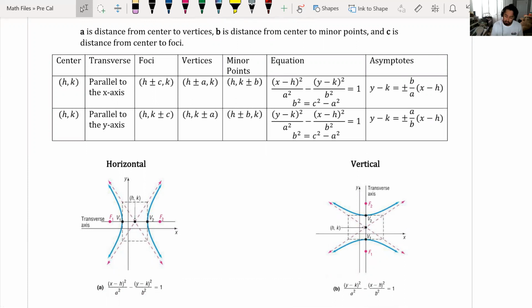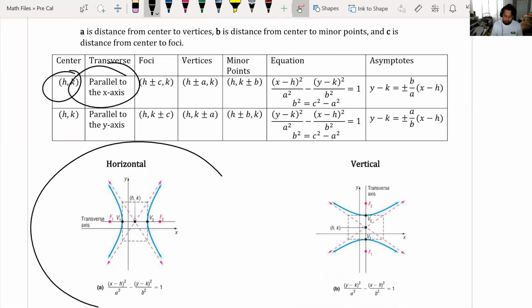Okay, so if you are parallel to the x-axis, your center is still (h, k), and you would look like this hyperbola down below. Okay, we know that the vertices, the foci, and the minor points come when we start graphing them. But then one important thing is, what equation do you use, right?